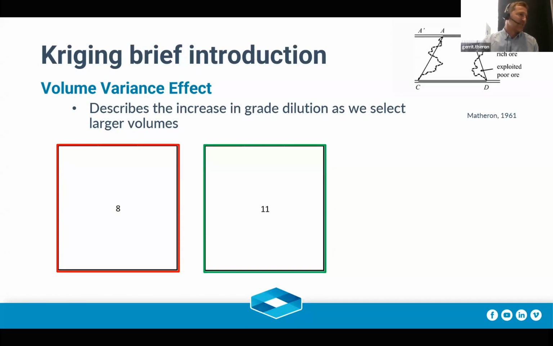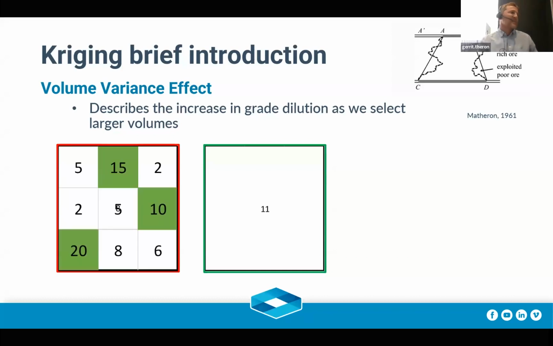However, when we go and do mining and we mine on a smaller, more selective scale, we will see that that block that had a grade of 8 actually consisted of various smaller blocks, some of them with actually very high grades, as you can see there, those green blocks. That's much higher than the cutoff.